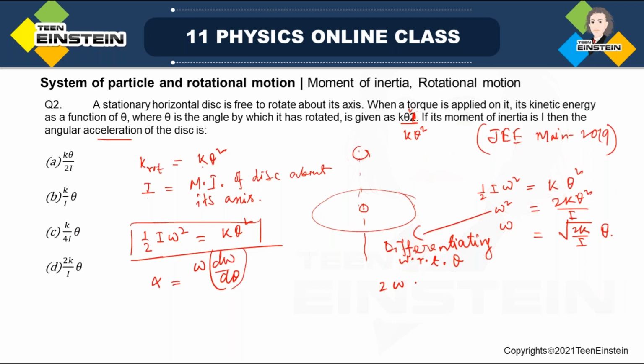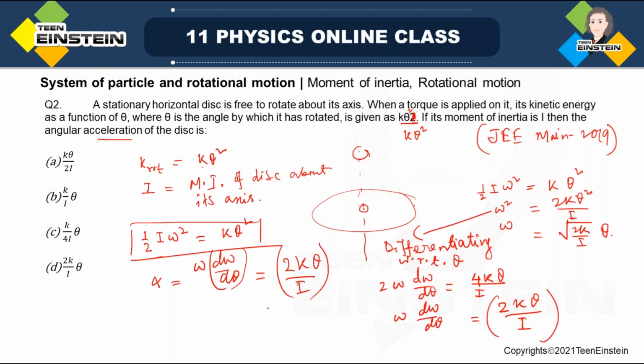So we'll get 2 omega d omega d theta is equal to 4k theta by I. So d omega d theta is equal to 2k theta by I. So this is angular acceleration: 2k theta by I. This is the answer.